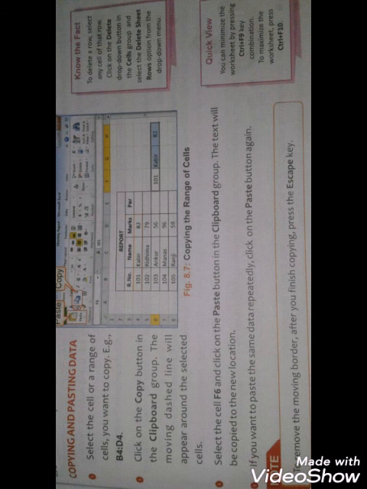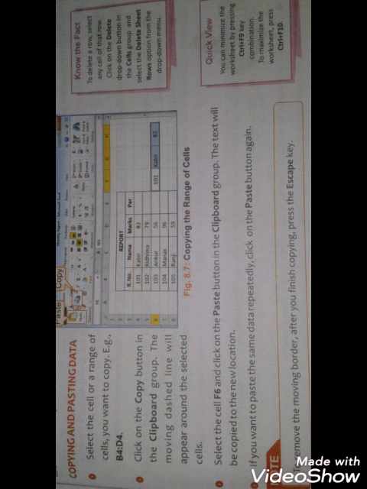What is the procedure? To copy the data, the following steps are taken. First step is that we have to select the cell or range of cells which we want to copy. Using the mouse, you can select it as shown in figure 8.7. Second step is that we have to click on the copy button in the clipboard group.